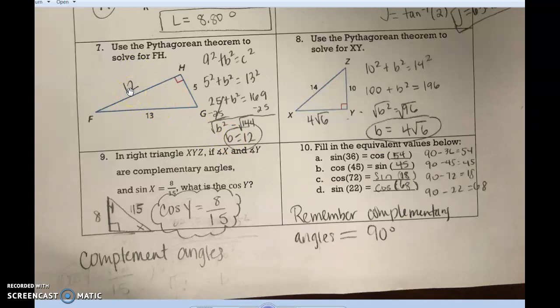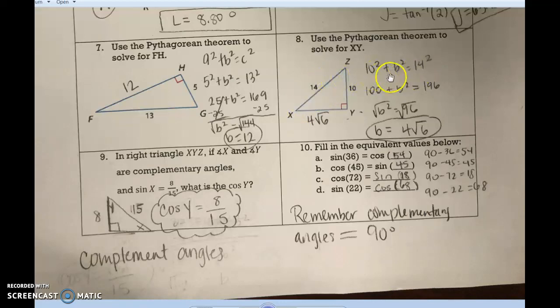All right, number 8. Same thing. You've been given your hypotenuse and a side. Remember, for A and B, it really doesn't matter. The other two sides, I could have plugged 10 into A or B. But the hypotenuse is most important. That was given to me.